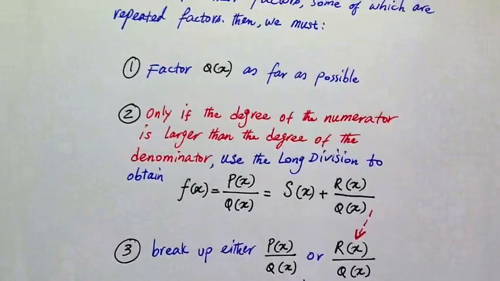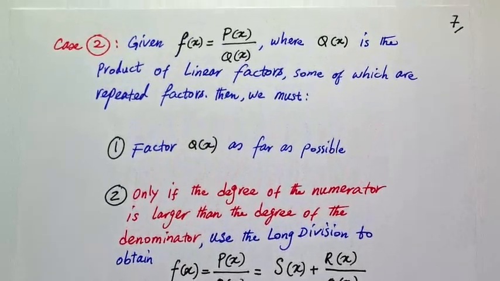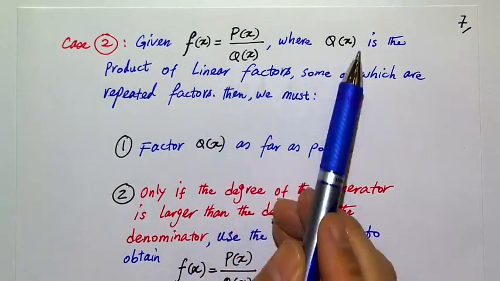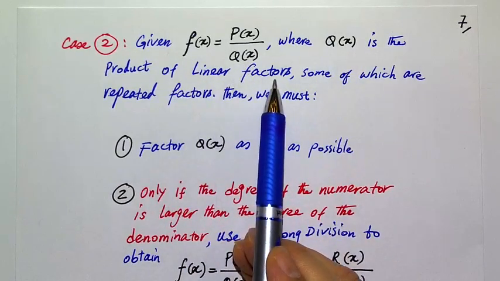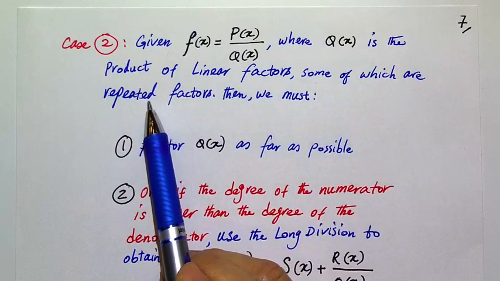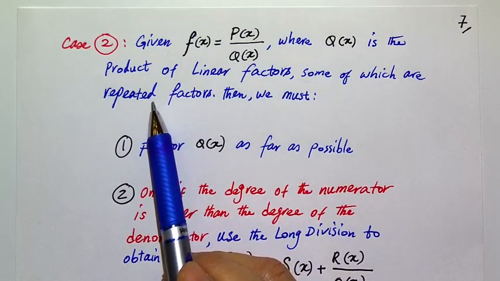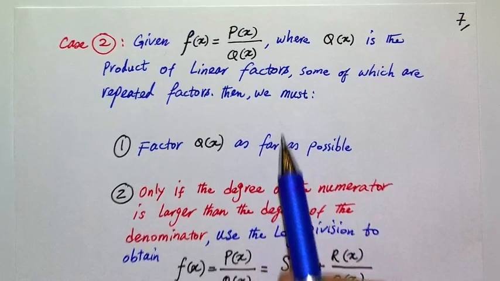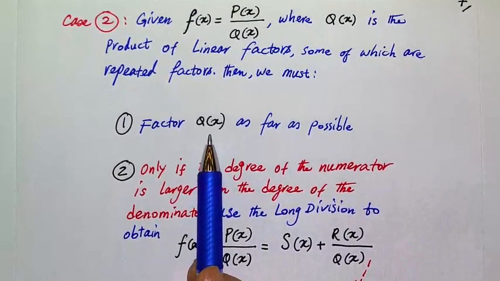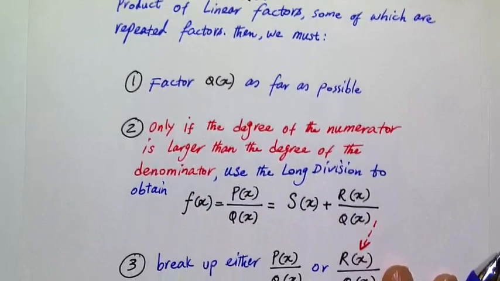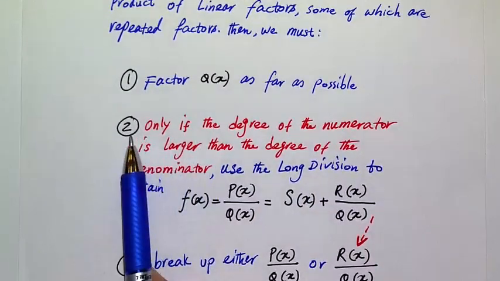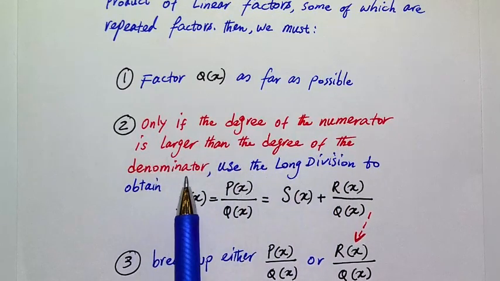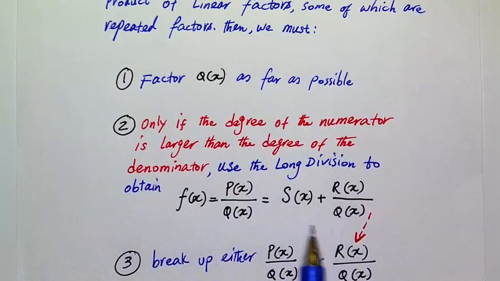So case 2, if we have a rational expression where Q(x), or the denominator, is the product of linear factors, some of which are repeated, right? So some of them have a power higher than 1. If that's the case, then we must factor the denominator as far as possible. And step 2, only if the degree of the numerator is larger than the degree of the denominator, use long division to obtain that.